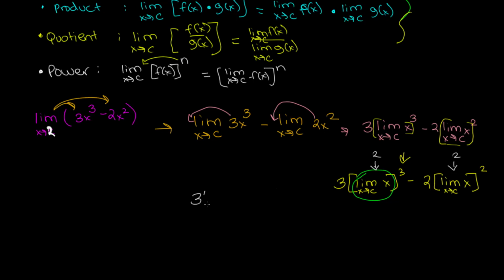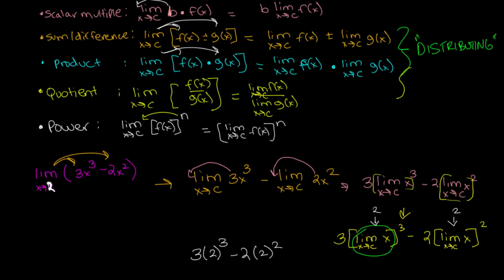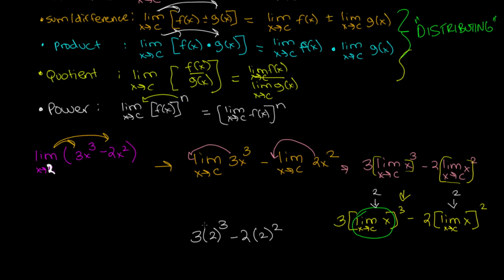So we have 3 times 2 cubed minus 2 times 2 squared. And if you notice, this is exactly what we do when we have direct substitution. We have the function 3x cubed minus 2x squared, and we're just replacing every instance we see x with 2, which is what we're trying to find the limit of.